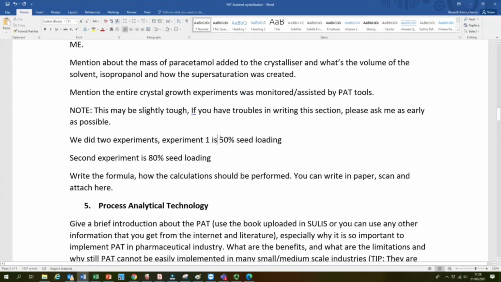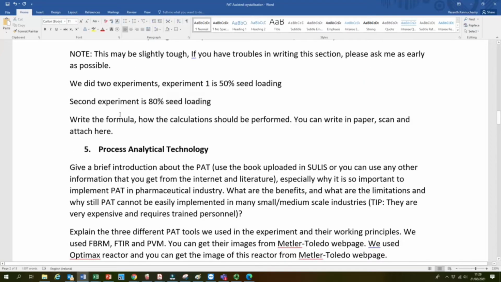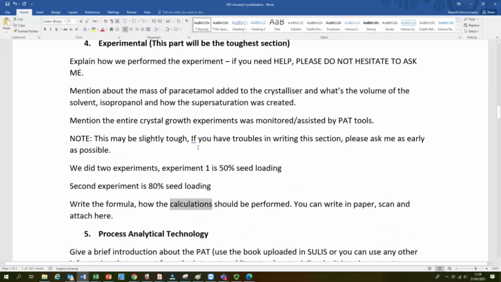I already said this: 50% seed loading, 80% seed loading. Then write the formula for how the calculation should be performed. You can write it on paper, scan it and attach it here. Calculation in the sense of how we calculate supersaturation, or the solubility of paracetamol at 20 degrees centigrade. From that you know the volume of your solvent, which is 750 ml.